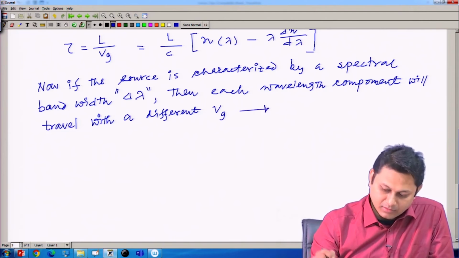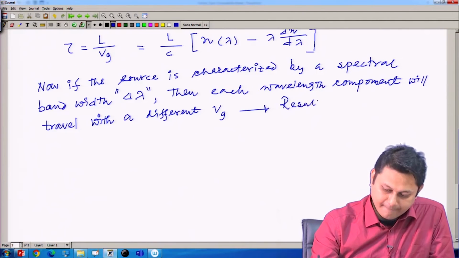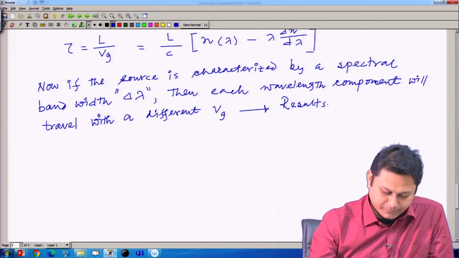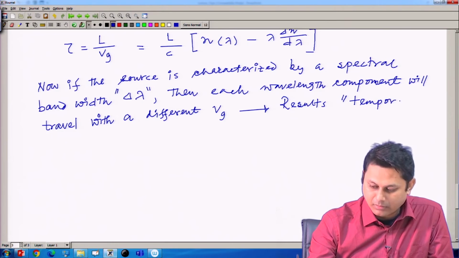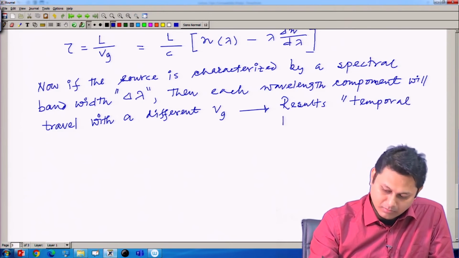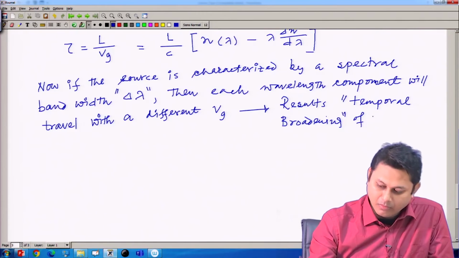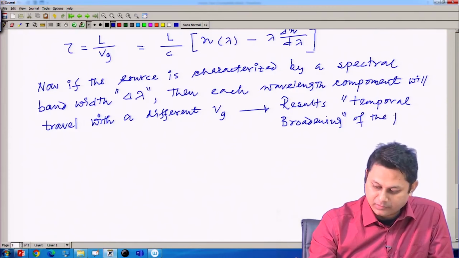This results in something called a temporal broadening of the pulse.